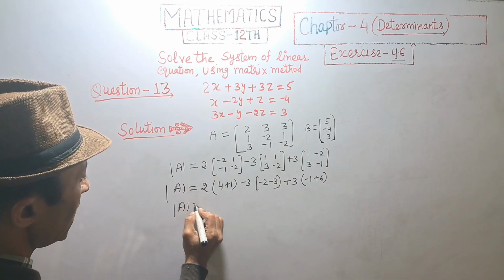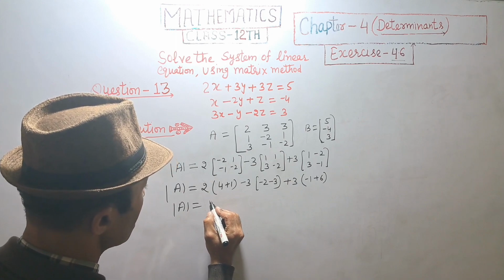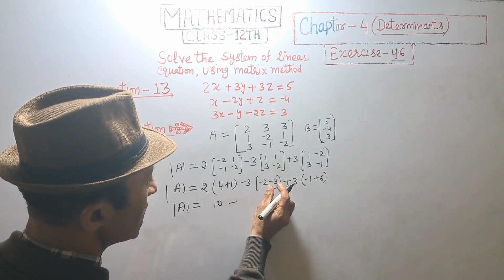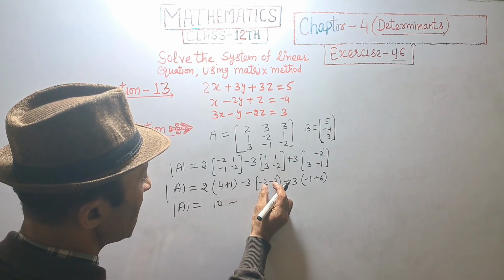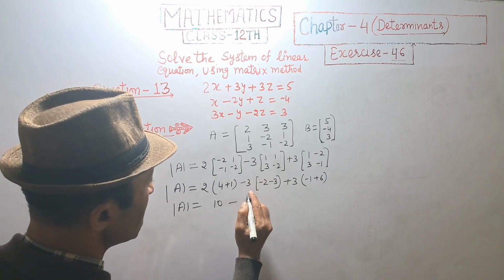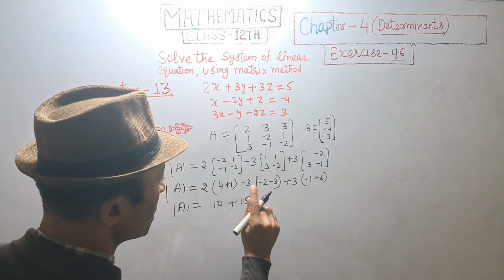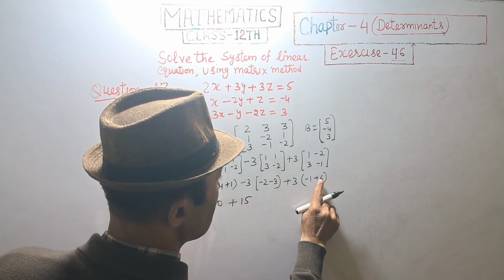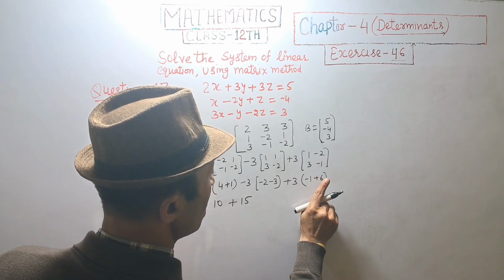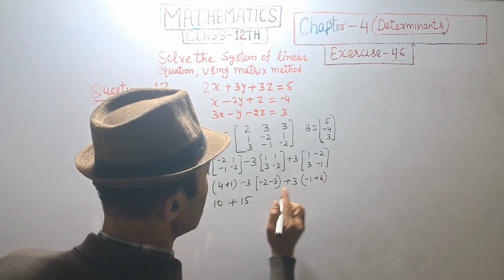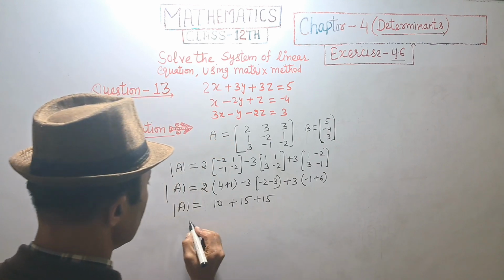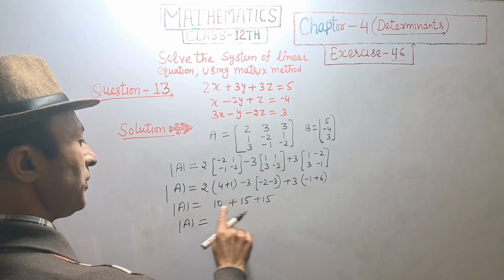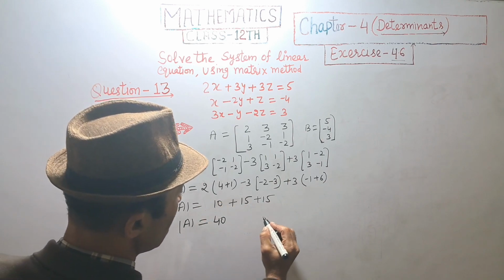Then the determinant of A is equal to 4 plus 1 is 5, 5 2s are 10, minus 3 minus 2, that is minus 5, minus 5 times minus 3 is plus 15, and 6 minus 1 is positive 5, 5 3s are 15. Then we get the determinant of A is equal to 15 plus 15, 30 plus 10, that is equal to 40.